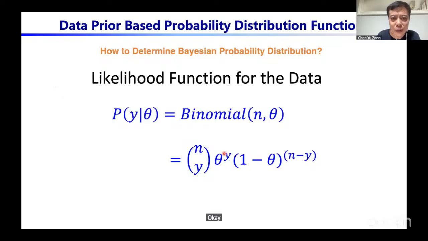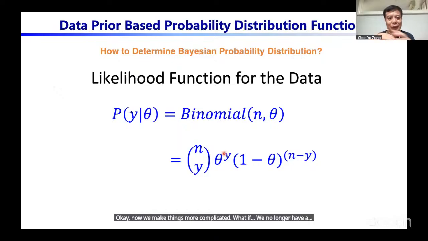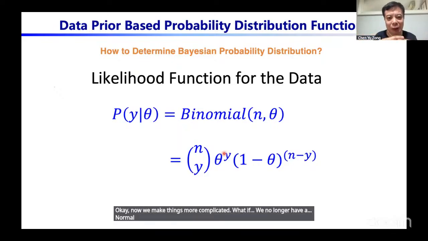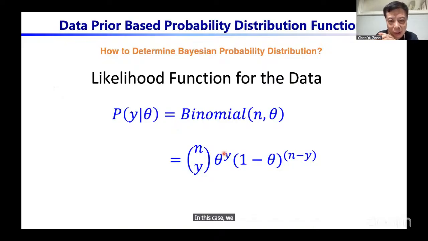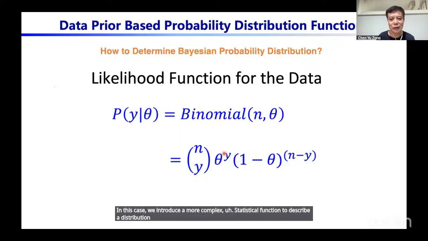Okay, now we make things more complicated. What if we no longer have a normal distribution, a symmetric type of distribution? In this case, we introduce a more complex statistical function to describe a distribution that is different from the normal distribution.